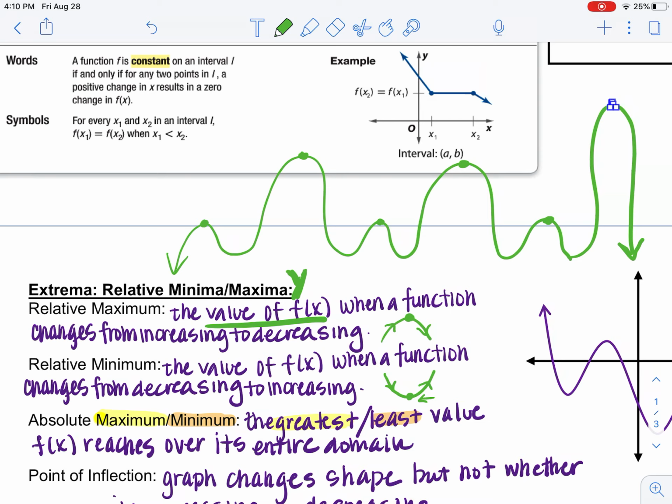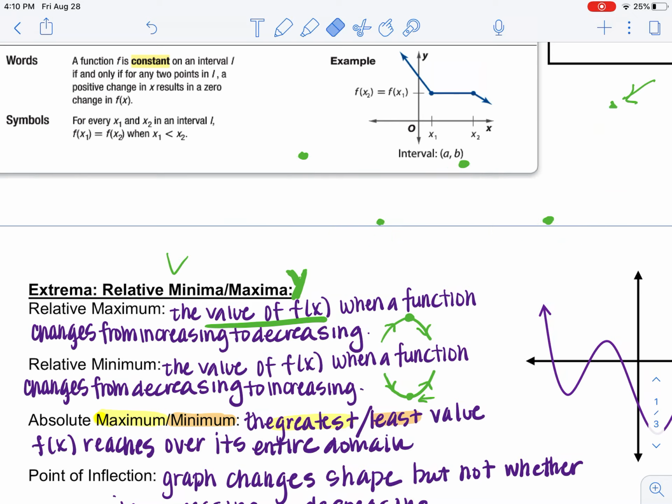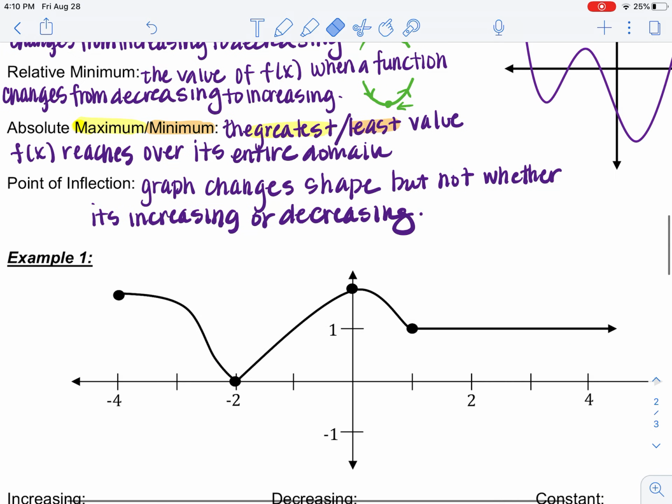But the biggest, the tallest one, the highest y value would be my absolute maximum. So this is my absolute maximum. Same thing goes with minimum. I would rather not use my example for that because they all look like they go to the same lowest y value. Okay.